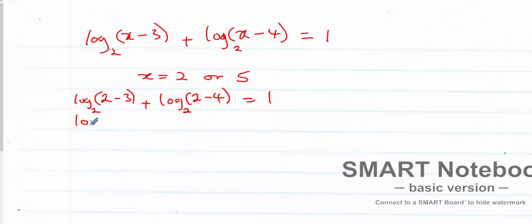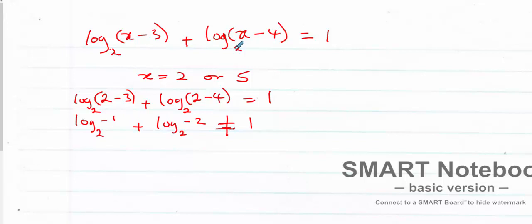This is going to be log minus 1 base 2 plus log minus 2 base 2 equal to 1. So when you evaluate this one very well, we can see that this one can never be equal to 1. This is not equal to 1. So which means x cannot be 2.